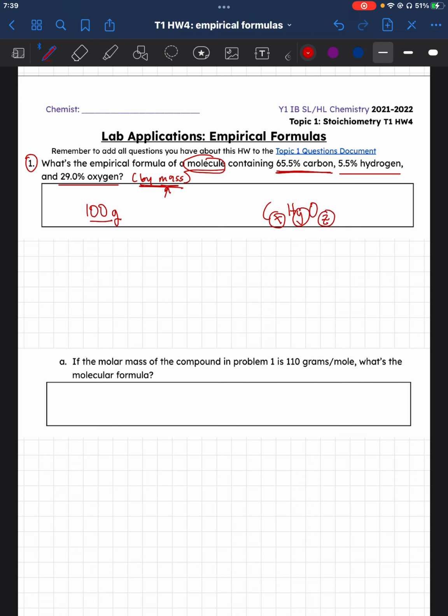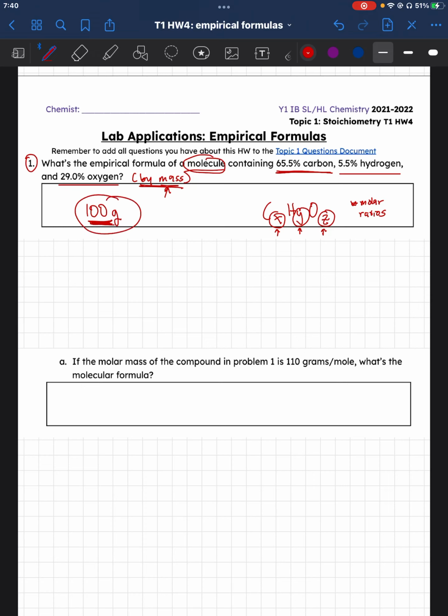If I'm going to find the empirical formula, I need to find subscripts, and I know that subscripts are molar ratios. All right, so if I have a certain amount of grams of something, I should then be able to convert it into moles. So let's go ahead and try that.